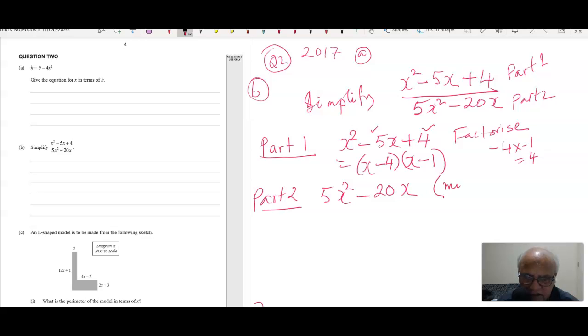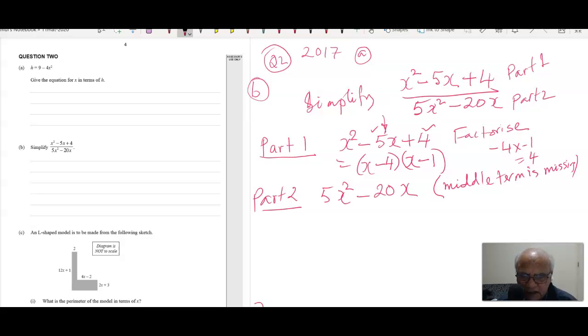The middle term is missing. What I mean by this, see that this one has a middle term and the second expression doesn't have the middle term. So in this kind of situation, you look for a common factor.